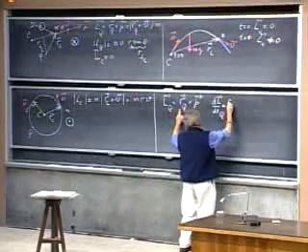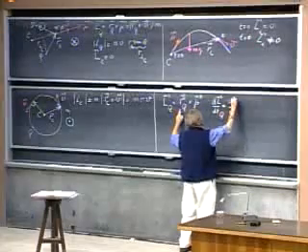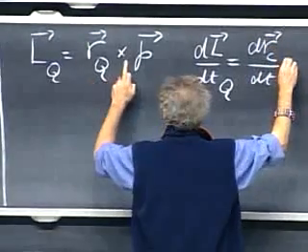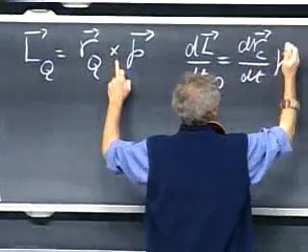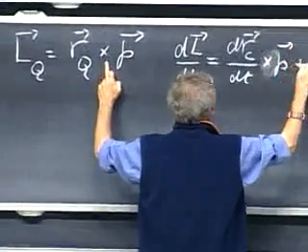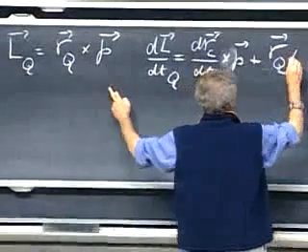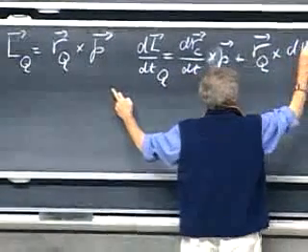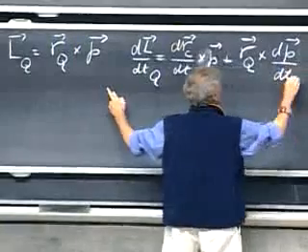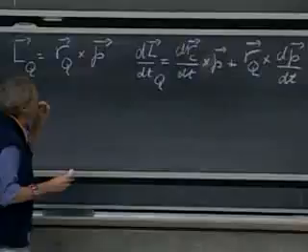That is going to be dr/dt cross p plus r of Q cross dp/dt. This is the way that you take the time derivative of a cross product.